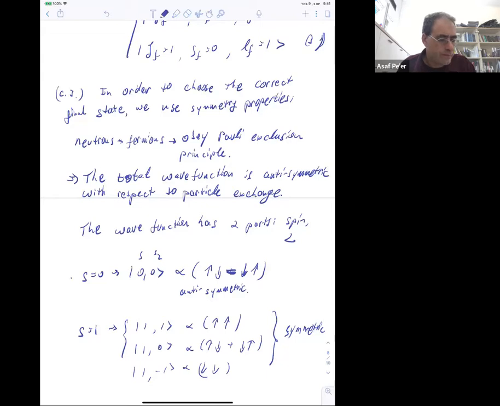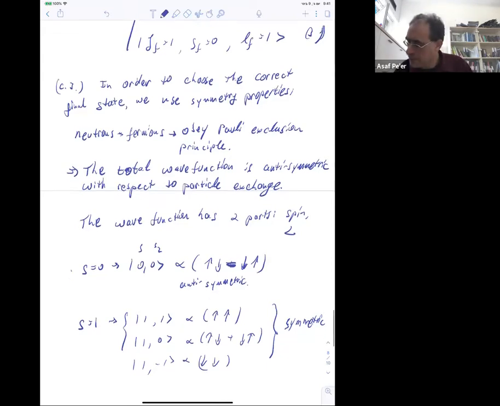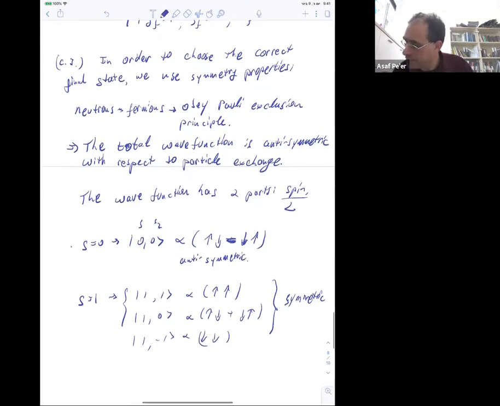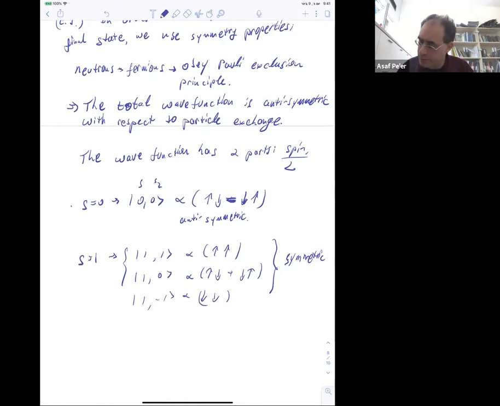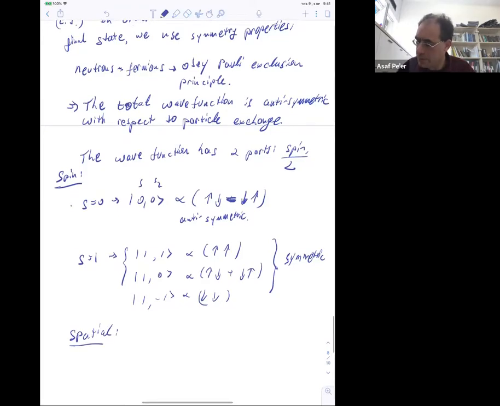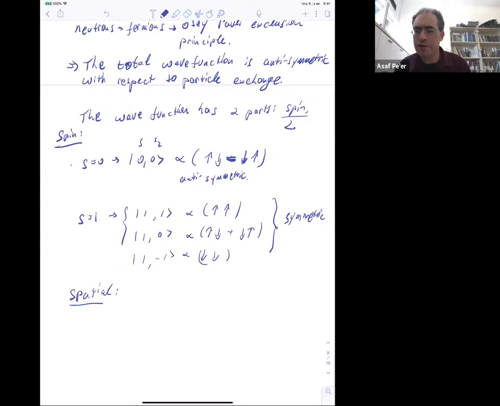This is for the spin part. What about the orbital angular momentum part, or spatial part? That's related to a question I was asked previously.